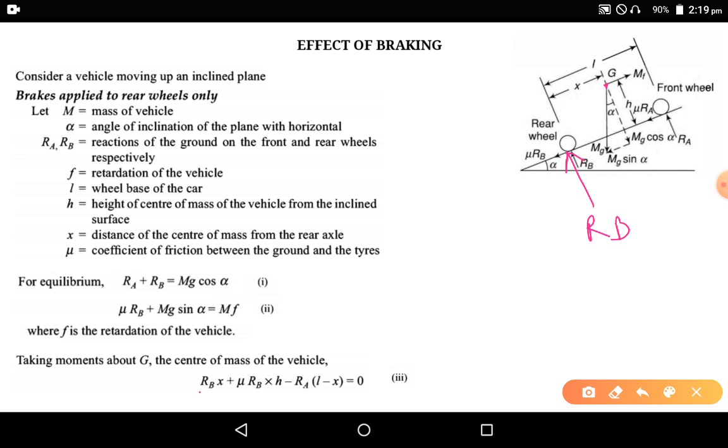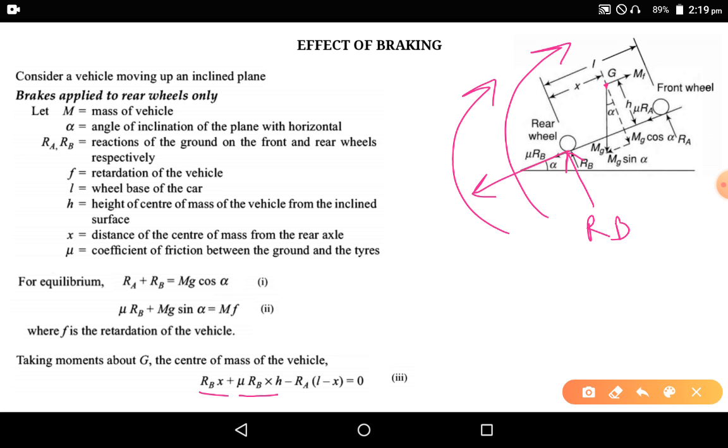So Rb multiplied by x will try to rotate this vehicle in the clockwise direction, sorry. And this mu Rb, which is the friction force acting on the rear wheel, when we take the moment of this about G or center of mass, it will also try to rotate it in the clockwise direction, so plus mu Rb into h.